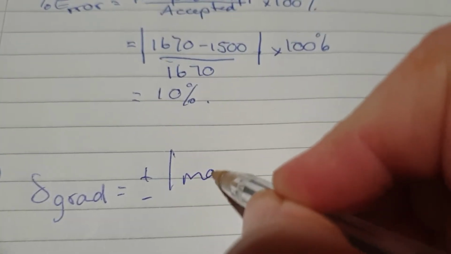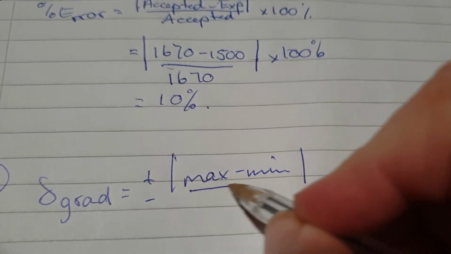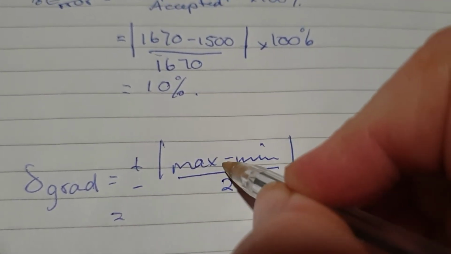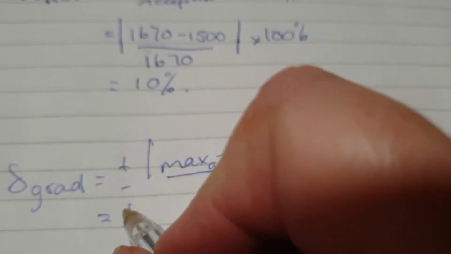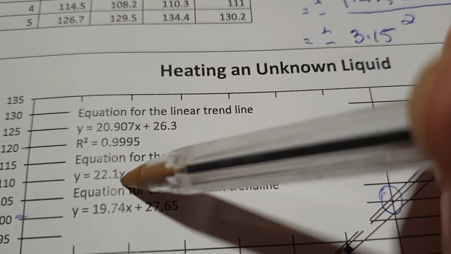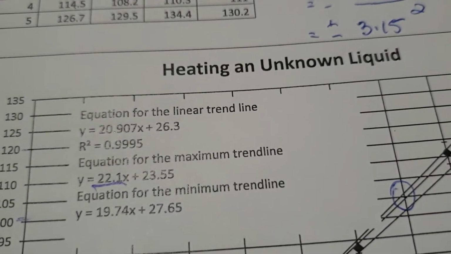So that's plus or minus max minus min divided by 2, and we're doing the gradient, so I'll just put a little g on there. It's a bit wild tonight. Okay, so the maximum gradient, if I look at these equations, this is the maximum trend line. The maximum gradient is here, 22.1.